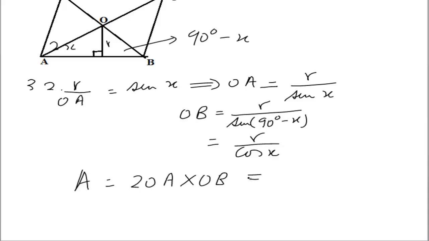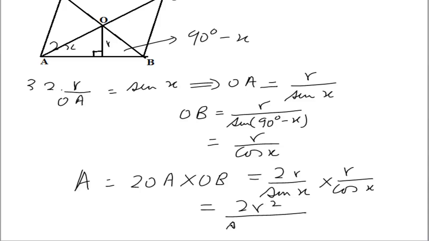Now 2OA will be 2r over sine x times OB, which is r over cos x. Now that can give you 2r squared over sine x cos x.